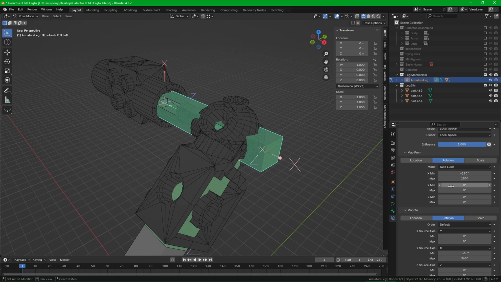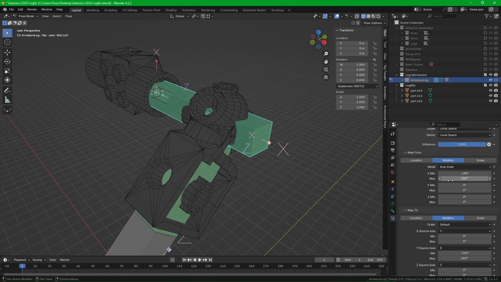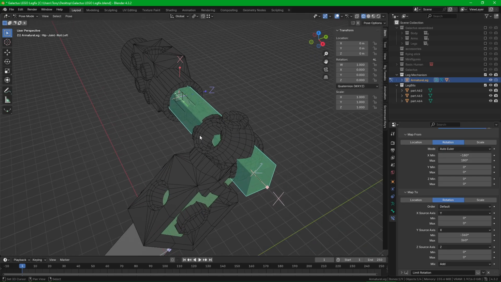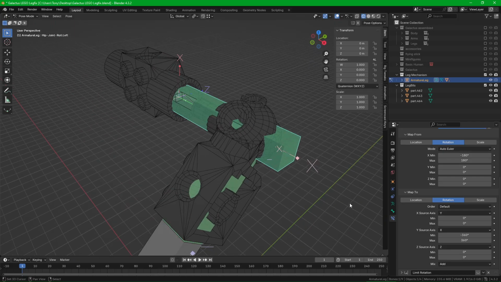And because we've assigned this here, when the thigh moves 180 degrees on the x-axis, this bone will rotate around its y-axis 360 degrees, as in twice as much. And that's why this has moved 45, and this little nubbit here has moved accordingly.